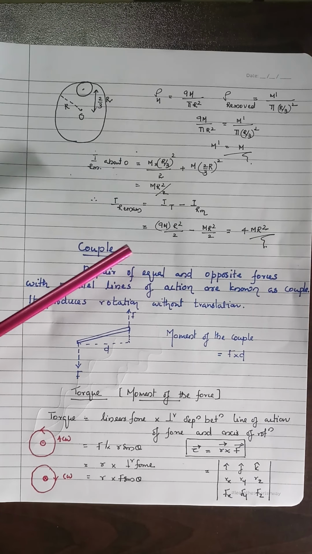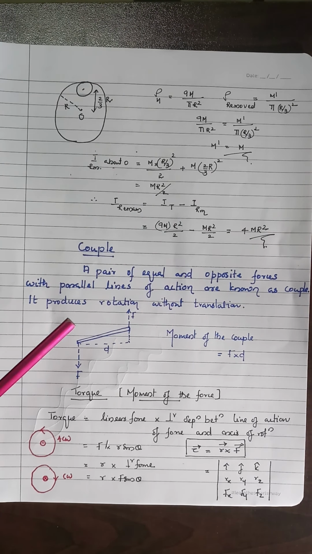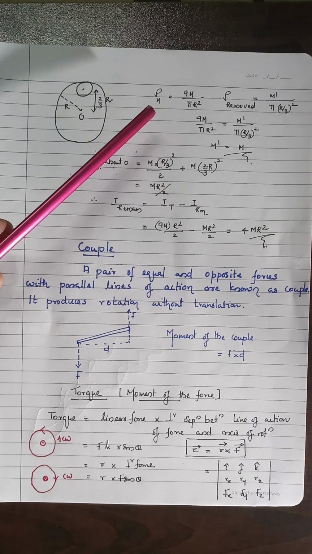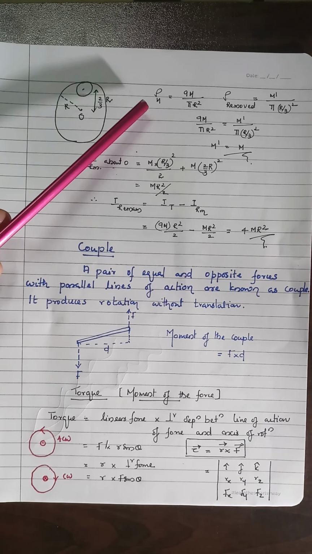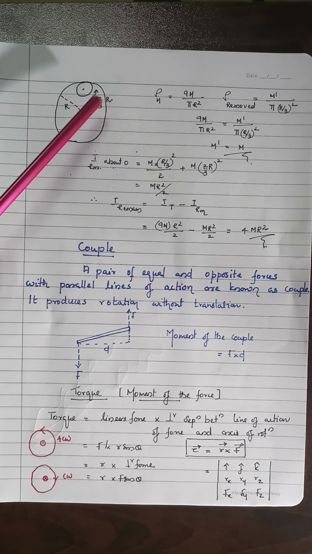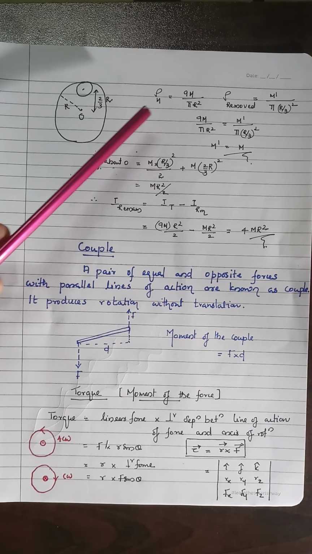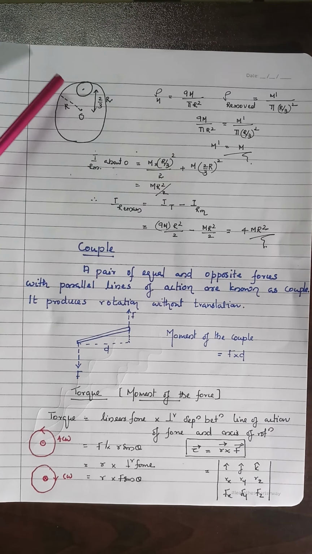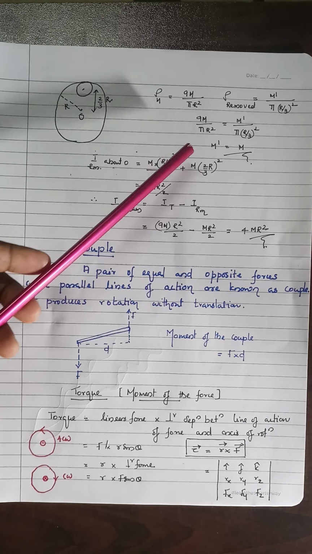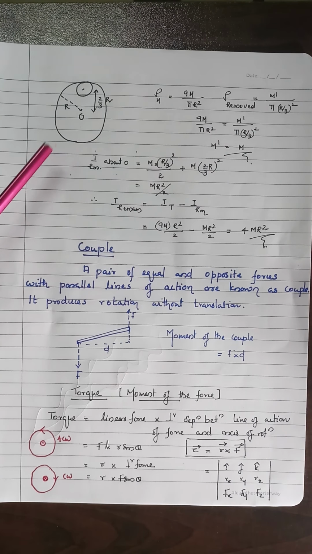So at first, the density is the same for the removed one and also for the whole one. For the whole one, the mass is 9m, that divided by area, should be equal to the removed one that has the mass as m dash, divided by its area. So you get the removed one has the mass m.